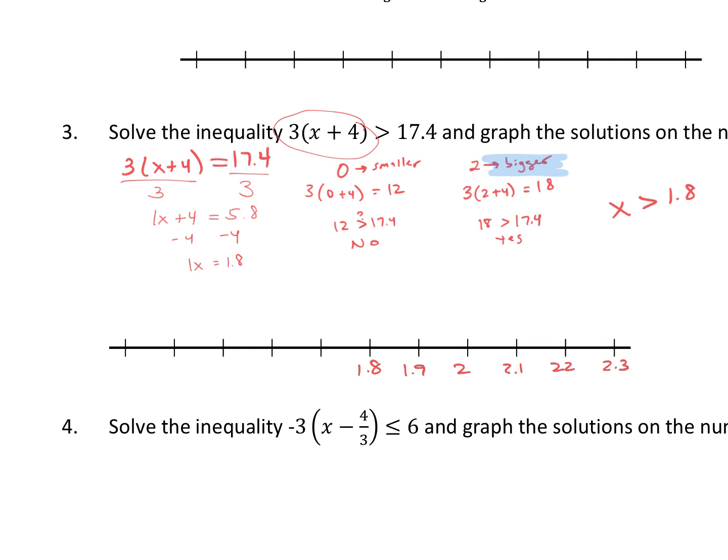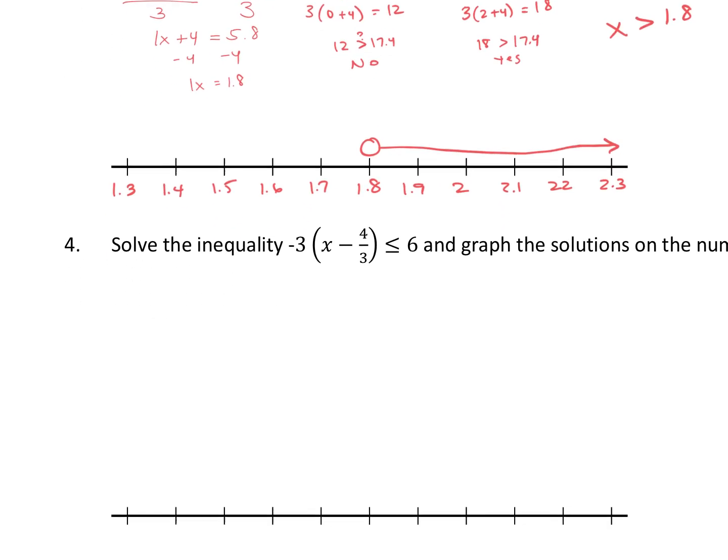From here, I'm going to go backwards. So 1.7, 1.6, 1.5, 1.4, and 1.3. Again, open circle because 1.8 is not part of the solution. And I go to the right because that's where my bigger numbers are.